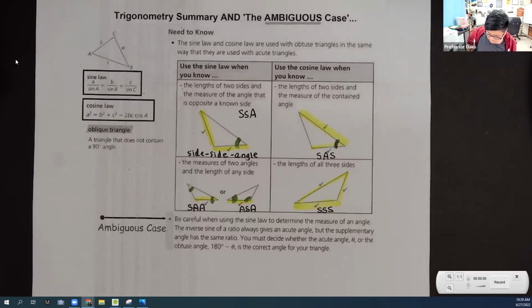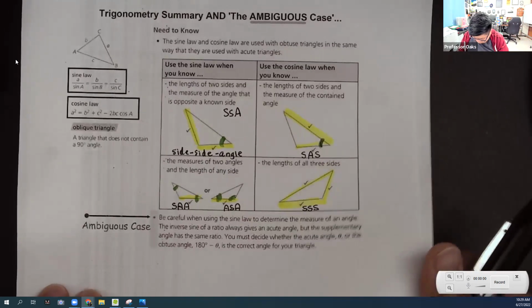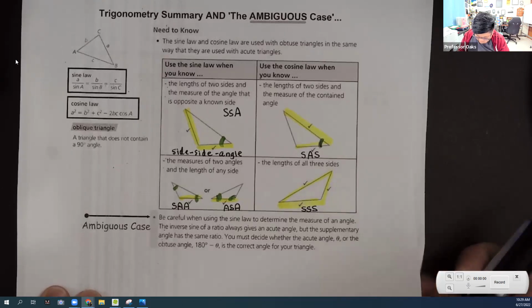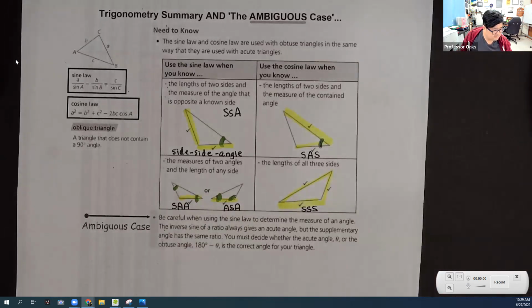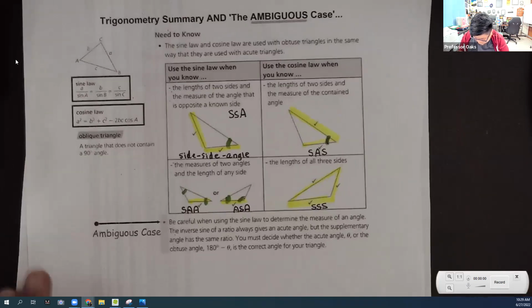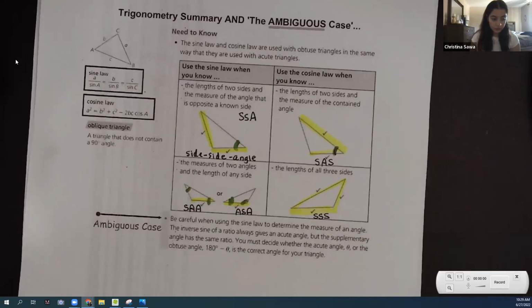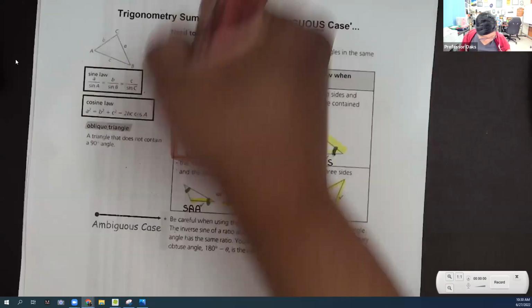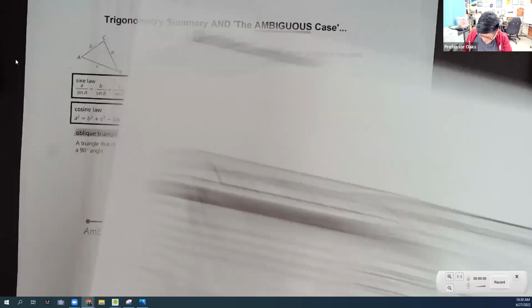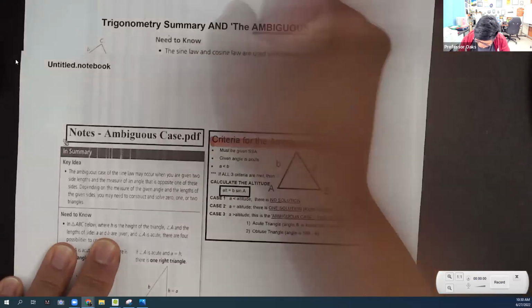The reason this is important is that, specifically with the law of sines, out of these four, this is the case that's the hardest one, because on the second page of the file, it talks about an ambiguous case.